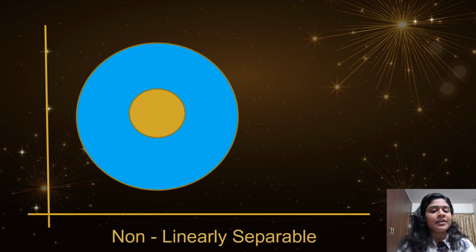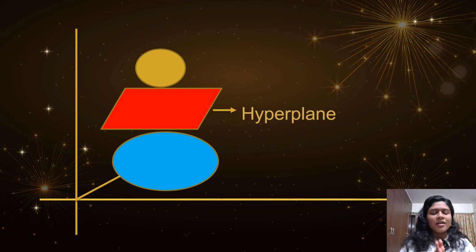But when we convert it into 2D, we understand that, oh, this is not linearly separable anymore. So now we use the kernel function. Now what does the kernel do? The kernel will transform your data from 2D to 3D. That is what a kernel function does, transforming your data so that you can build the hyperplane. So how does it do that? So now you have it in the 3D space.